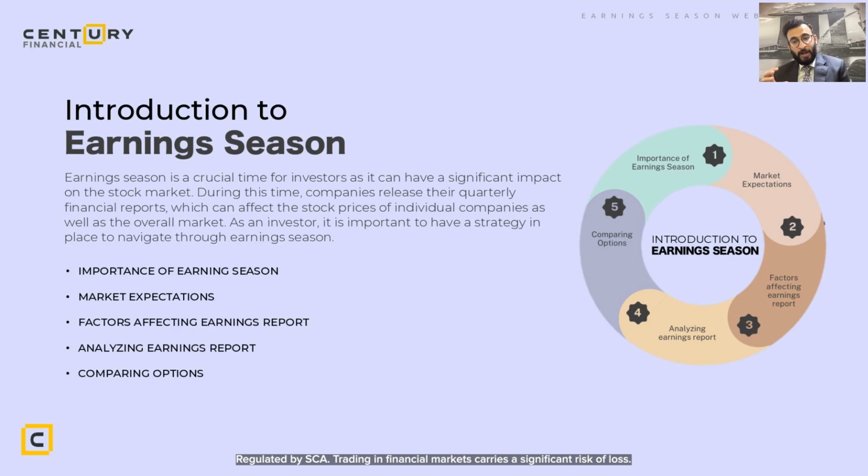Once you understand the market expectations, you see the actual results. If the actual results are better than the market expectations, the price of the stock mostly goes up. If the actual results are not better than the market expectations, the stock price may fall. And that's where you have to understand that if you have bought that stock, you could be exposing yourself to that risk. So how do you protect yourself?